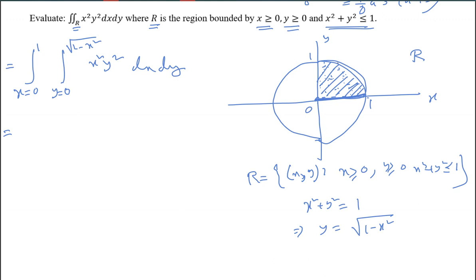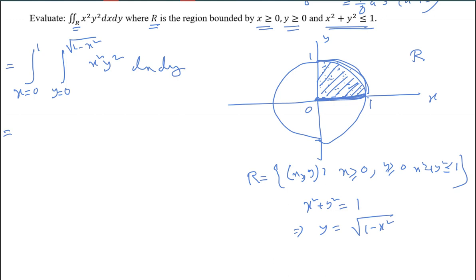What is the equation of this line? It is the x-axis, y is equal to 0. So first I am taking y from 0 to this curve. This curve is represented as x square plus y square equal to 1. That means in terms of y, I can write y equal to root under 1 minus x square. So I have taken it like this.